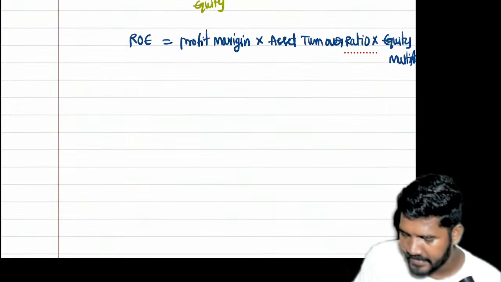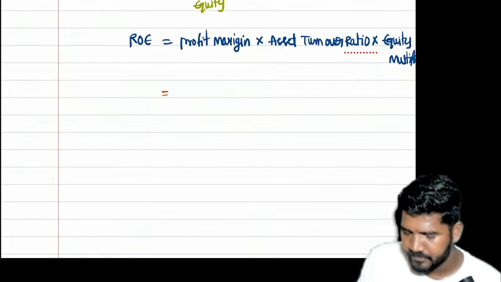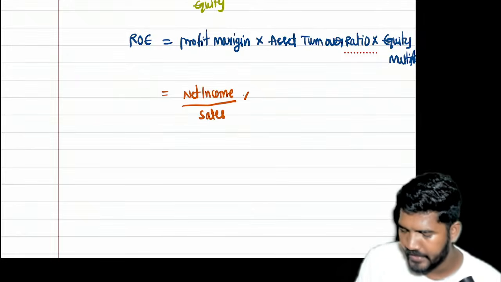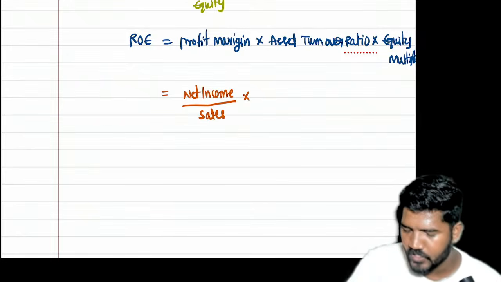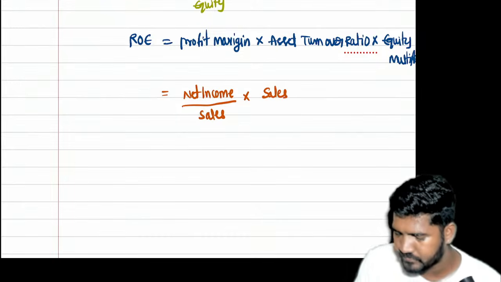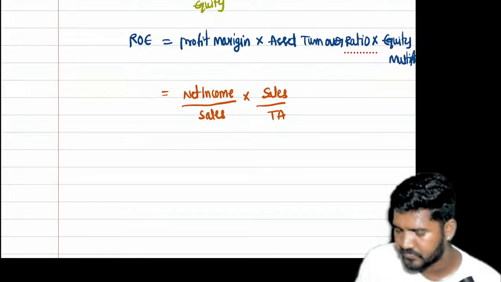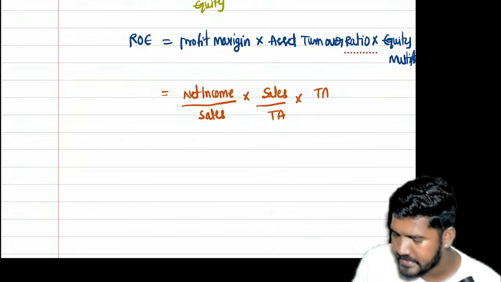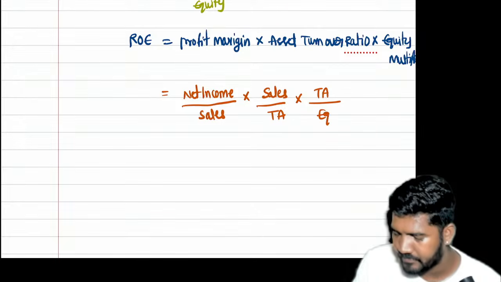Sir, how do I calculate this profit margin? Profit margin is nothing but net income divided by sales. How do I calculate the asset turnover ratio, sir? Sales divided by total assets. How do I calculate the equity multiplier, sir? Total assets divided by equity.